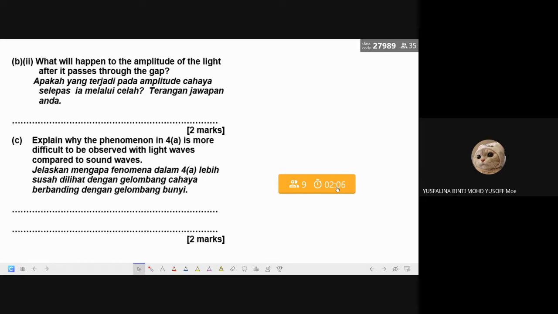This one was already discussed for B3 and C. I already explained why it's more difficult to see the effect of diffraction for light waves compared with sound waves.